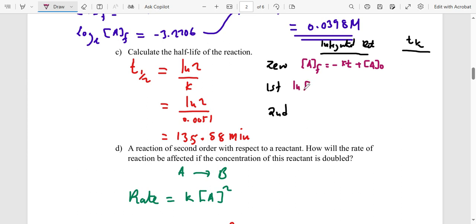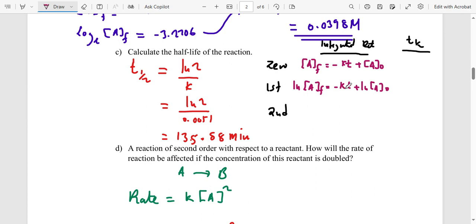So natural log of the final concentration is equal to negative Kt plus natural log of the initial concentration. Okay, you see how it is? And then when you go to the second order, the only thing that changes is that now it becomes a fraction, but everything else is a bit similar.